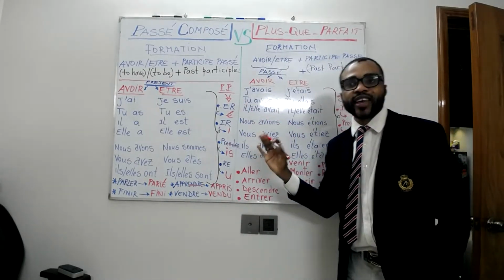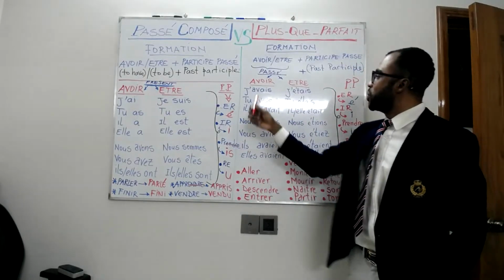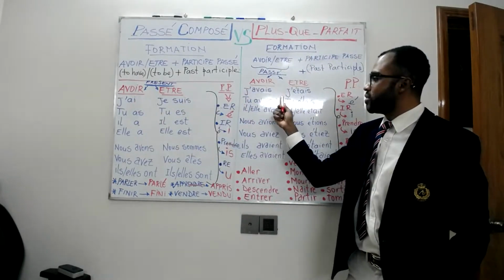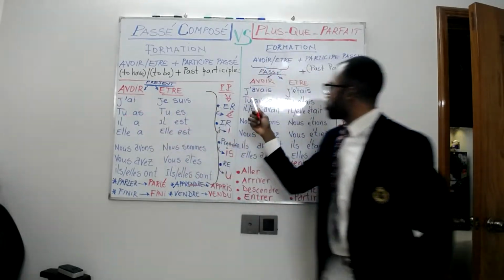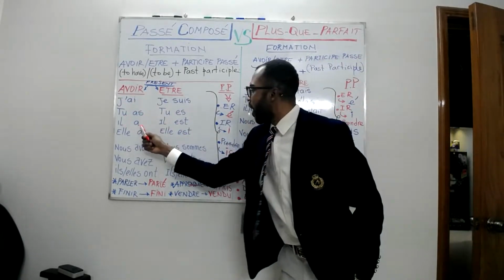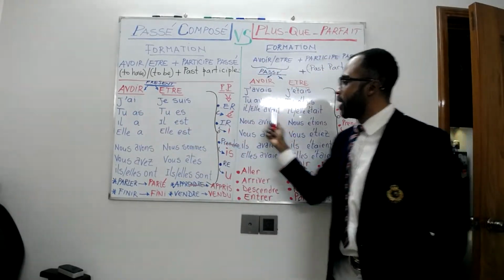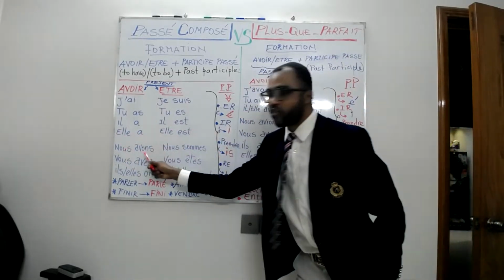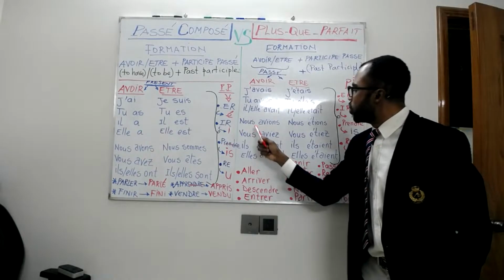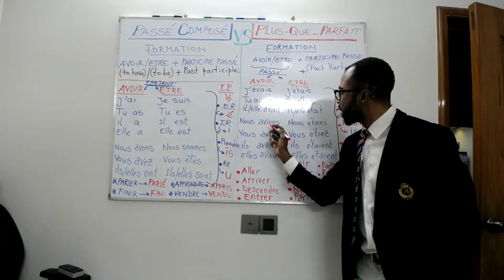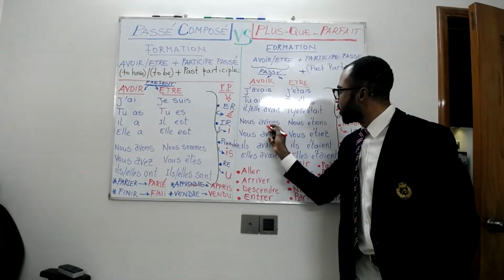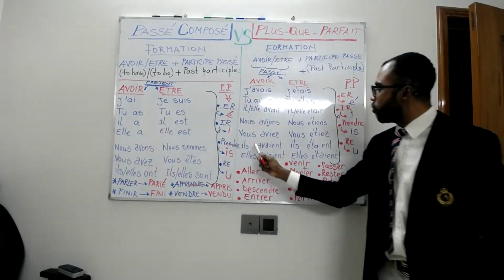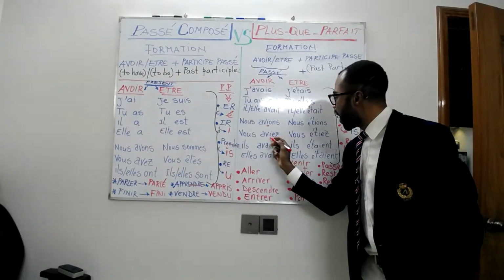So the difference here is the past tense of j'ai will become j'avais, tu as will become tu avais, il a will become il avait, elle a will become elle avait, nous avons will become nous avions. There is an I here. That's the difference. Vous avez will become vous aviez. There is an I here.